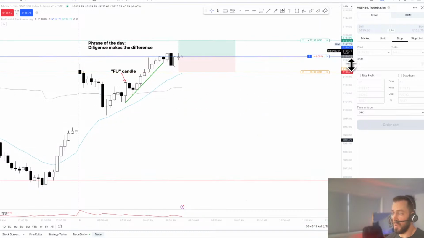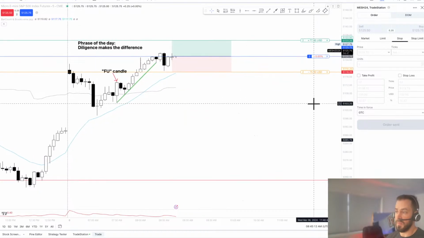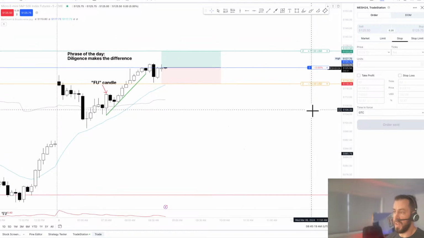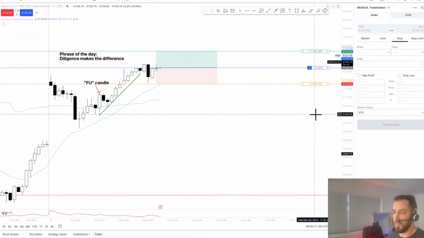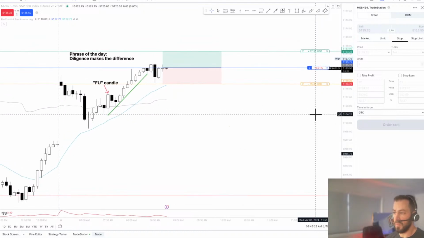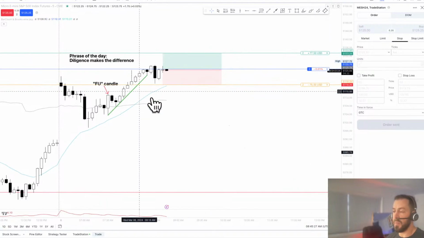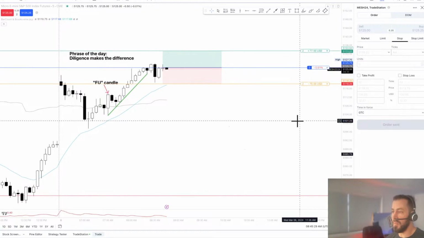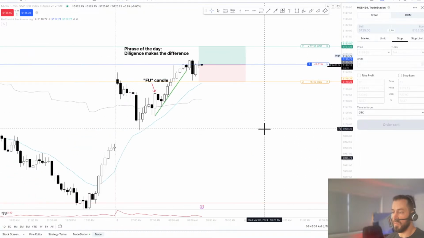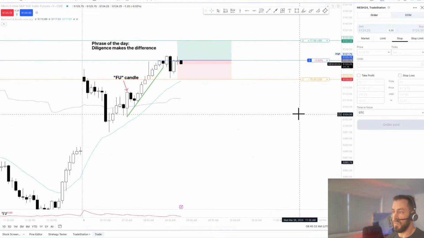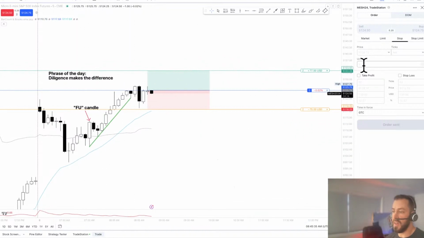Weak follow through from the bulls, creating an opening for the bears. Now we're in the middle of this little trading range starting to form. This is very extreme.